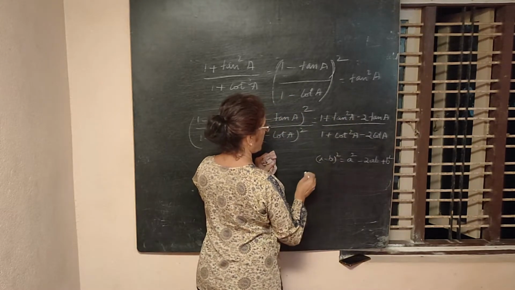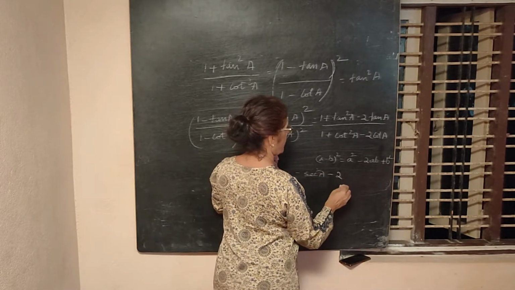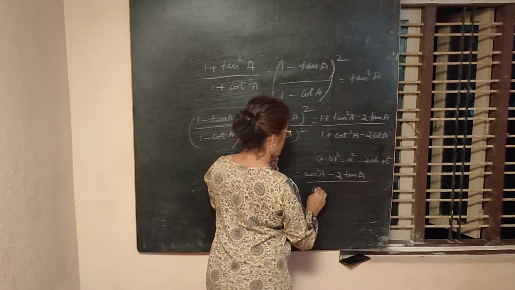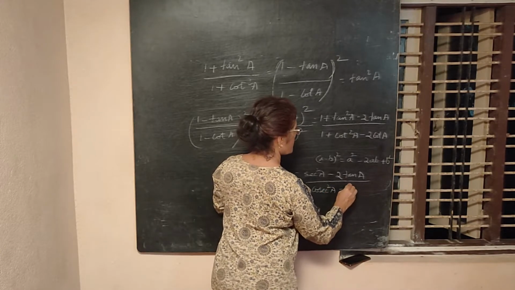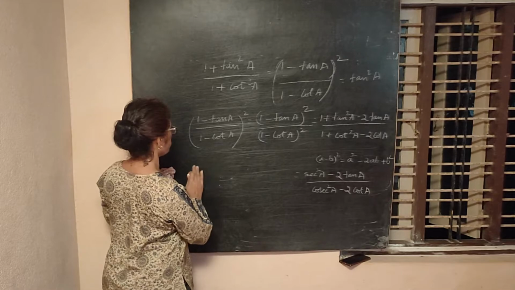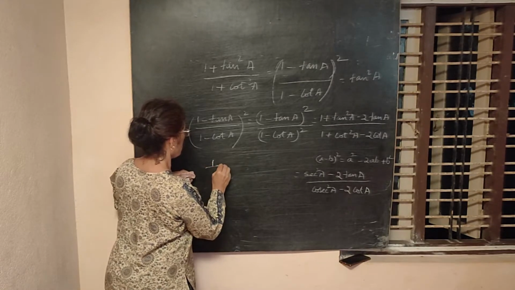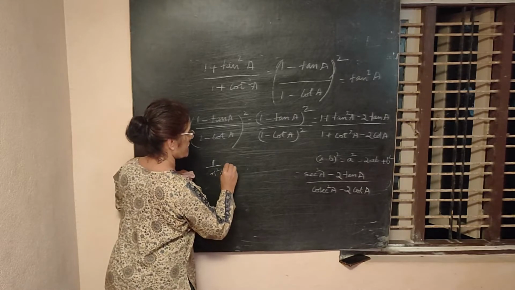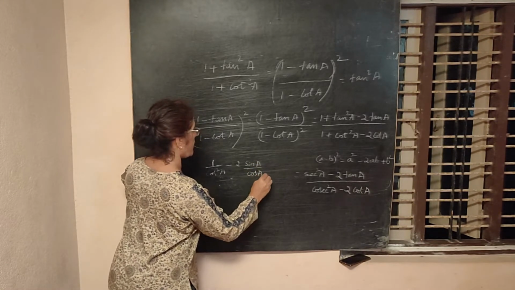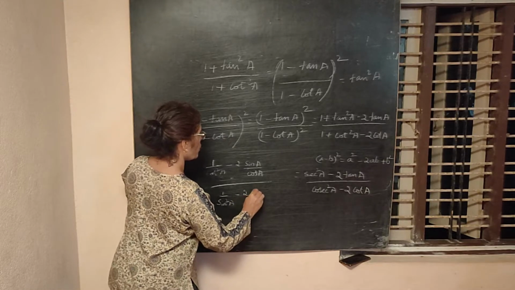So 1 plus tan square A is equal to secant square A, minus 2 tan A, divided by 1 plus cot square as cosecant square A, minus 2 cot A. So that is equal to secant square A, which I can write as 1 by cos square A, minus 2 sin A by cos A, divided by 1 by sin square A minus 2 cos A by sin A.